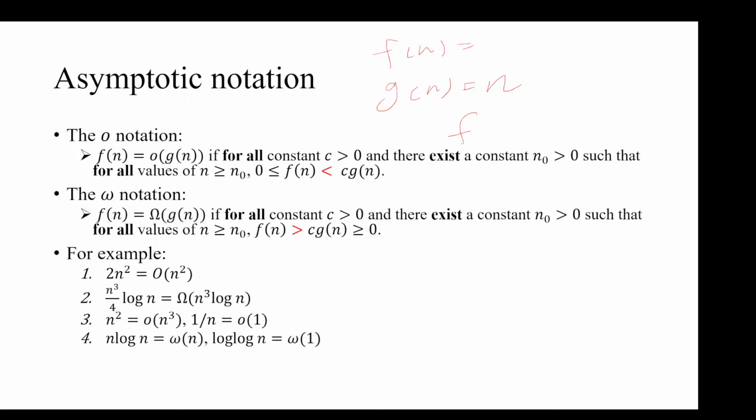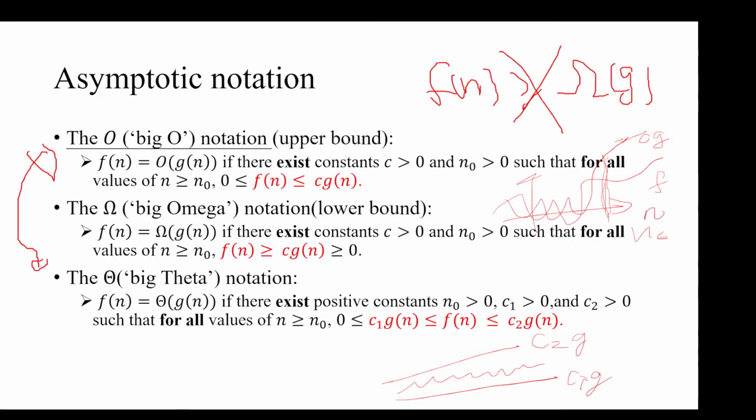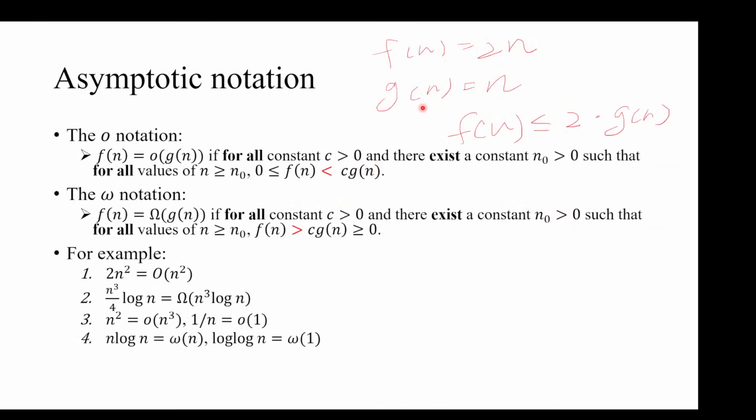So f of n equal to 2n and g of n equal to n, and then we have f of n is less than or equal to 2 times g of n, obviously. And so with c equal to 2, it satisfies this equation here. So we know that f of n equals big O of g of n. But obviously f of n is not small o of g of n, because this doesn't satisfy for all c.